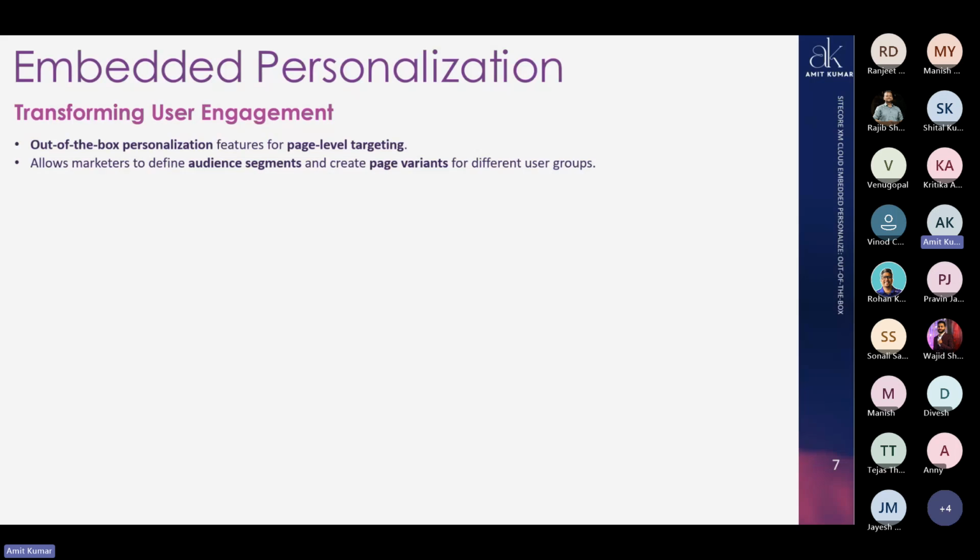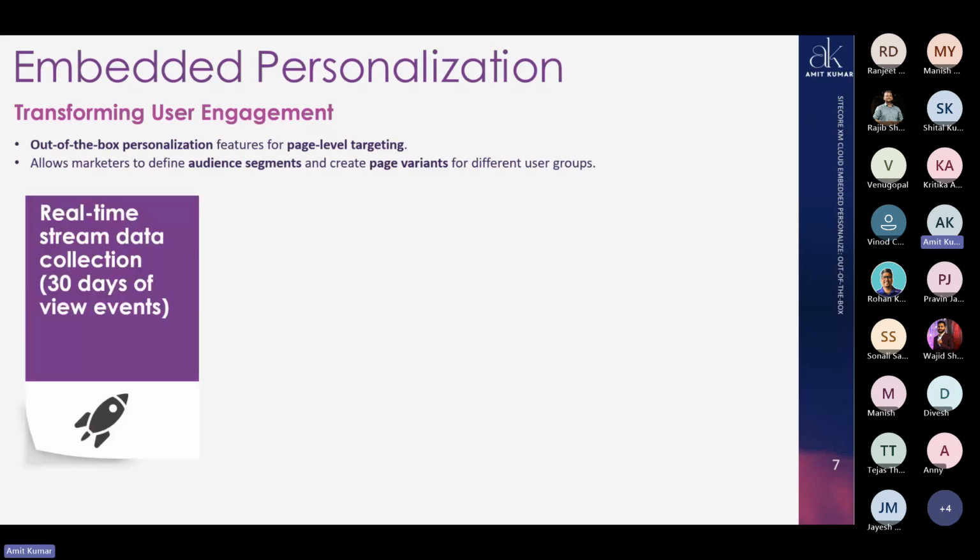And also you can create a page variant for a different user group in this. So at a high level, it's a real-time personalization. Generally in XP you have historical data, but here most of the rules are based on real-time data, like you are accessing a geo-level condition, like if you're visiting from some country, then you can implement the personalization, or the user has visited this page in the current session.